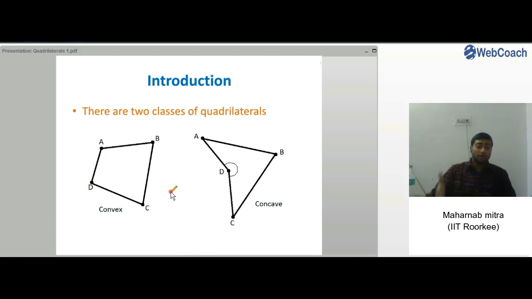So keep in mind, convex quadrilaterals are those which have none of the angles as a reflex angle, and concave ones are those which have one of the angles as a reflex angle. And obviously, if one of the angles is a reflex angle, the rest of the angles have to be acute angles.